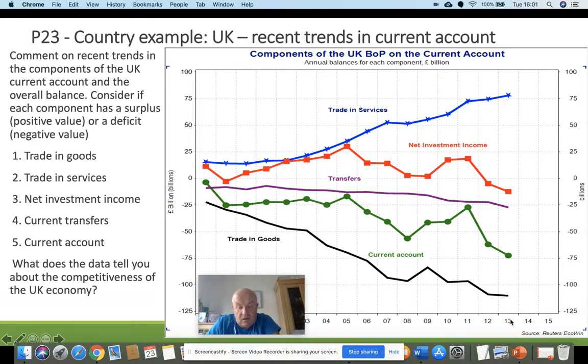Okay, so essentially probably caused by trading goods being in deficit, and as you can see, the trading goods, i.e. the fact that we are importing a lot more than we're exporting, is very much a slippery slope with a slight change around about 2008, 2009, but significant influence on the overall current account position, as you can see. And when we take all of those things together, then that clearly is painting quite an interesting picture, okay?